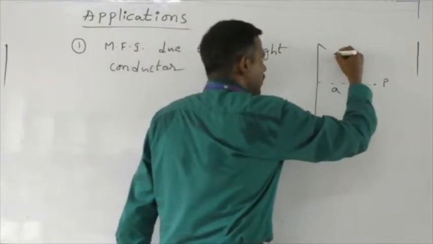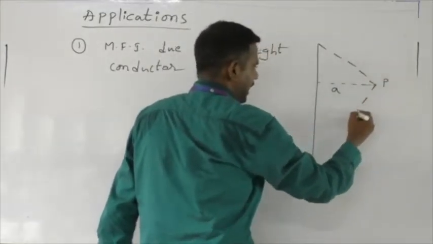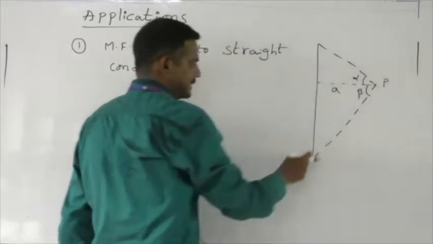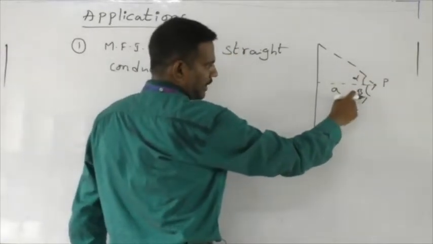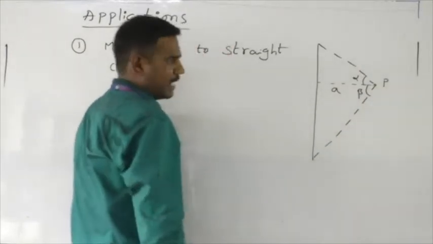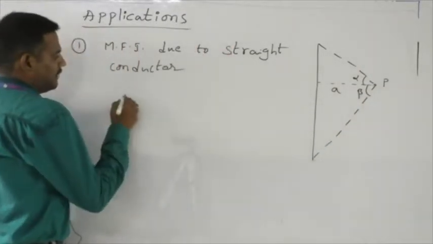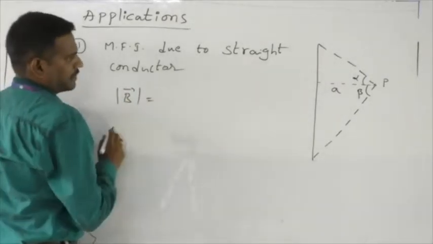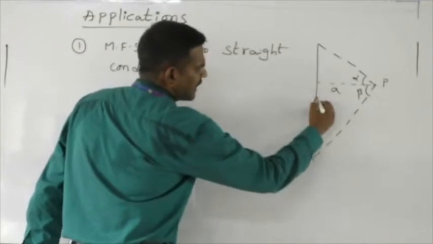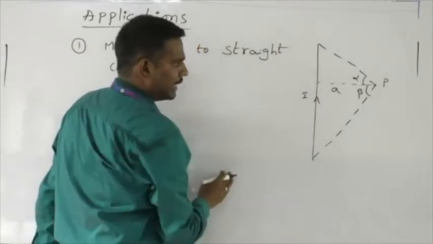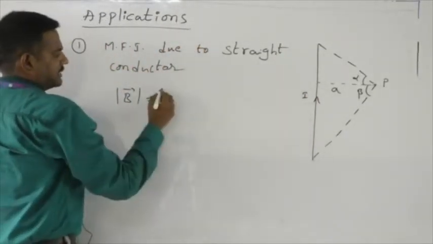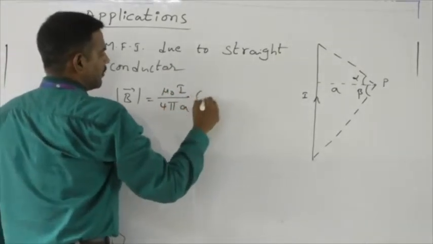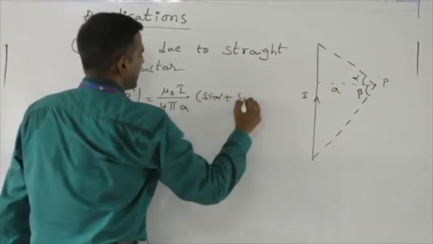The ends of the conductor are subtending angles of alpha and beta respectively at the point P. Now the magnetic field intensity at the point P, magnitude alone I am writing. Let us suppose it is carrying the current I from down to top. Then the magnitude is given by mu naught I by 4 pi a times sine alpha plus sine beta.